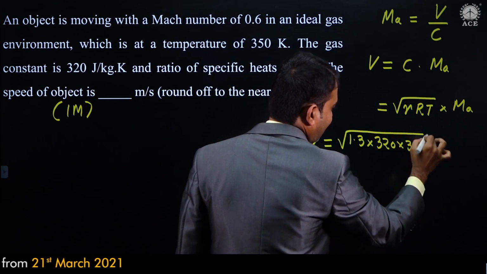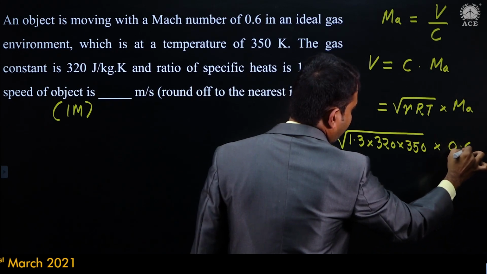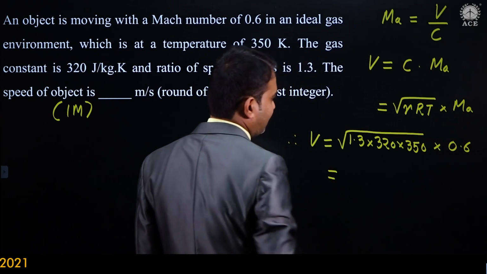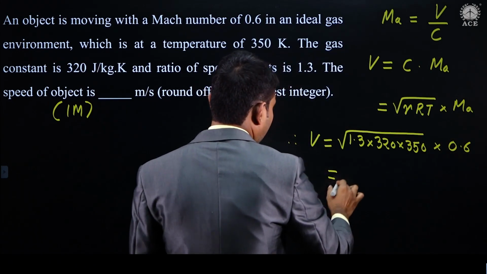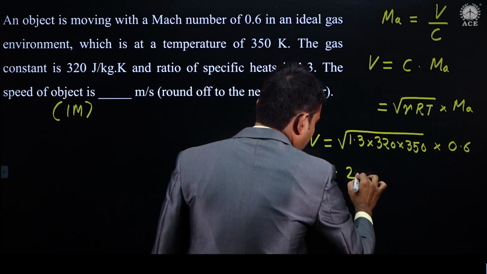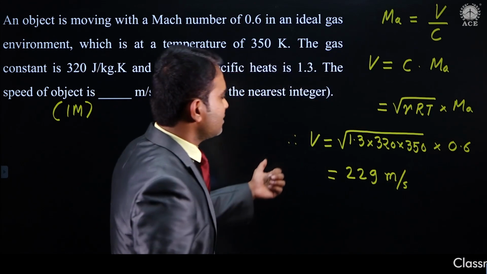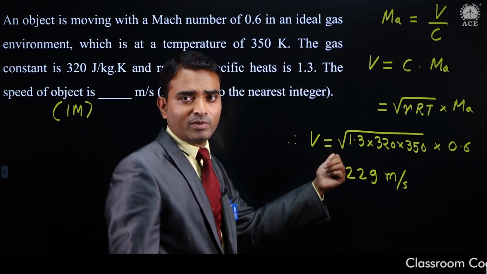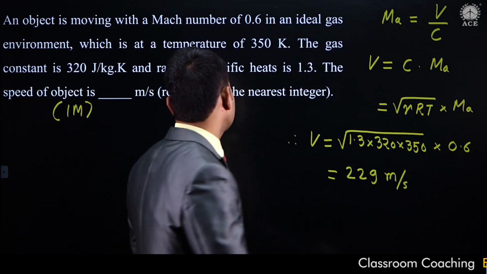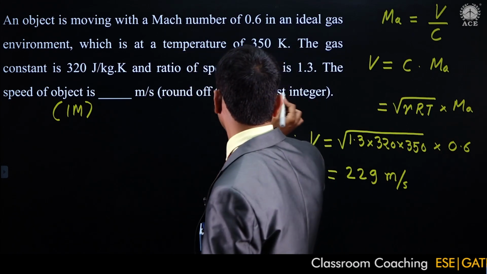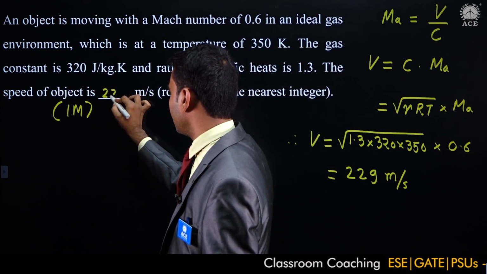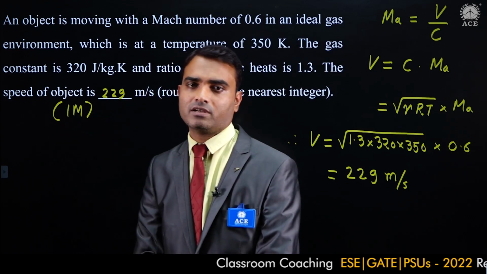Please remember here you have to take absolute temperature. Mach number is given as 0.6. So if you perform this calculation, you will get velocity 229 meter per second. So this is a single line question. If you know the formula, you can directly answer it. Here you have to round to the nearest integer, so the answer is 299 meter per second.